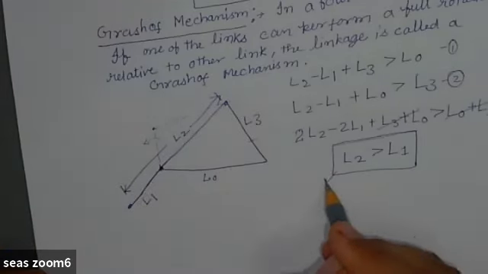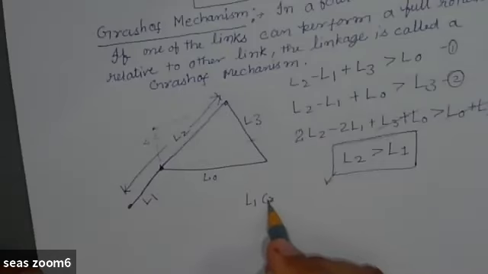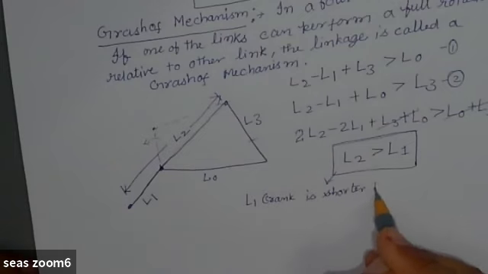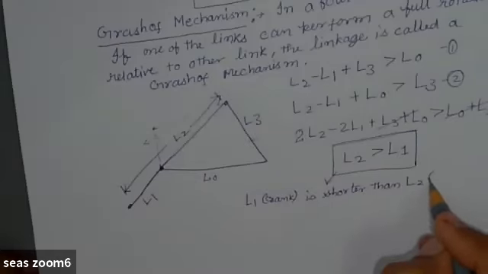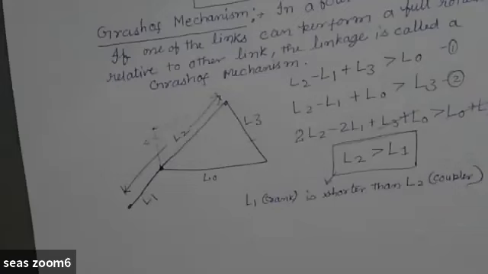This says that L1, the crank, is shorter than L2, which is the coupler or connecting rod. So if this condition is happening, it means that rotation is possible.